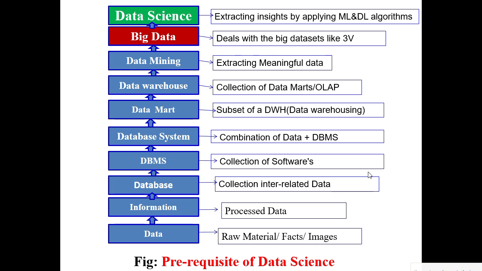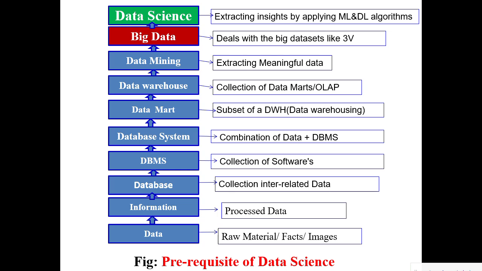Then we feed the information into a system and select either classification, clustering, or association rule to make the data meaningful information.